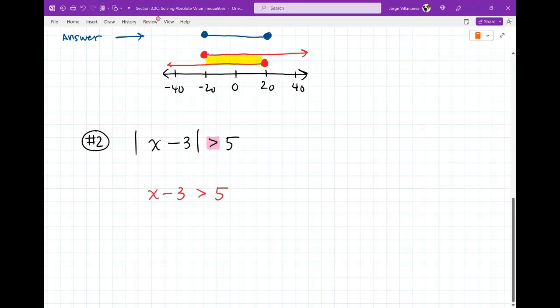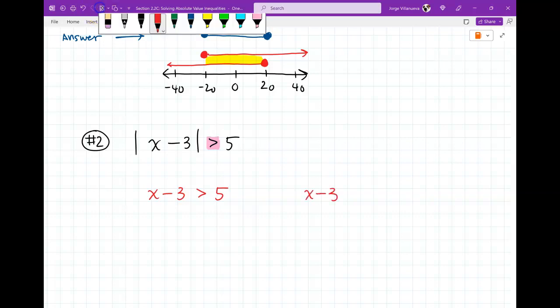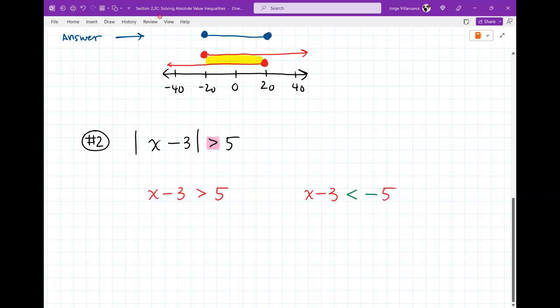The first one looks very normal, just without the absolute values. And then the next one's going to be x minus 3, and then switch your inequality. So we're going to go less than, and then make it negative, and then rewrite the number that was there. So you're switching 2 things, the inequality and the sign for the number.